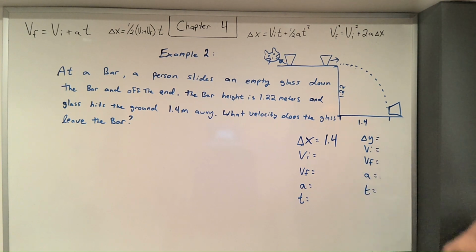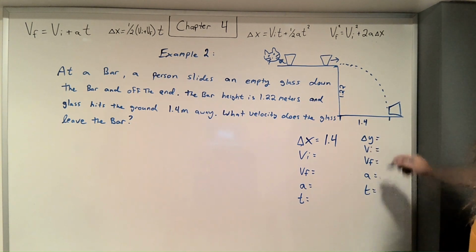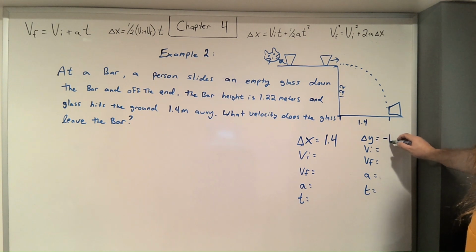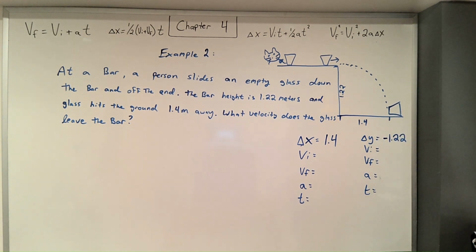I don't care too much if you have the units in here. But we'll have 1.4 for our 1.4 meters for our change in x. How about the change in y? Do we know that? Yes. That is the 1.22, okay? But it fell down. So we want to make sure that it's negative. Negative 1.22.